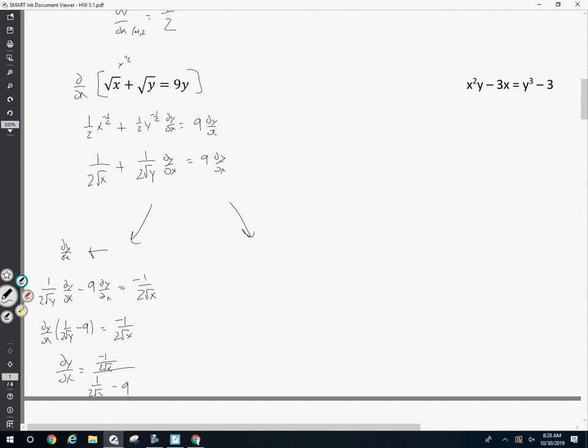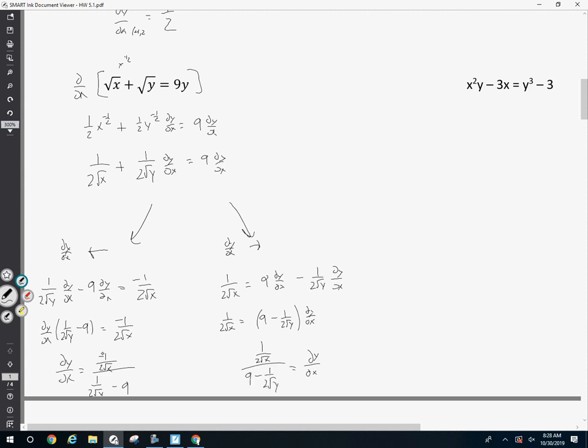Okay, now, you see I got the negative, I got the positive, I got the negative. Let's see what happens if I move my dy/dx's to the right. I'd leave the 1 over 2 root x, and I'd have 9 staying positive, and then I'd subtract the 1 over 2 root y dy/dx. I'd factor out the dy/dx on the right side. Where it ends up, it doesn't matter. And I divide, getting me dy/dx equals 1 over 2 root x over 9 minus 1 over 2 root y.